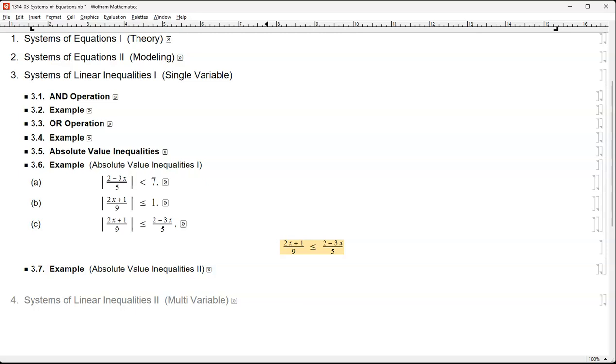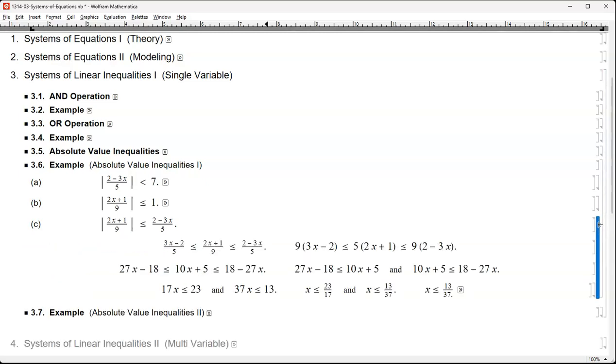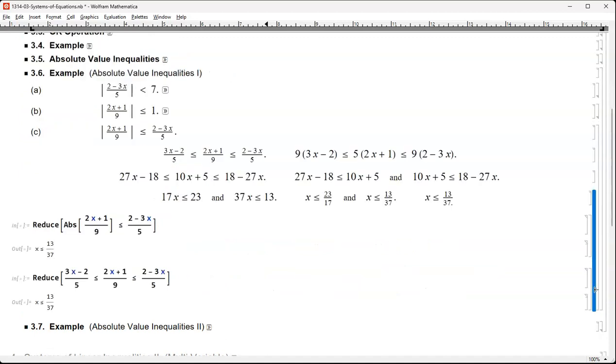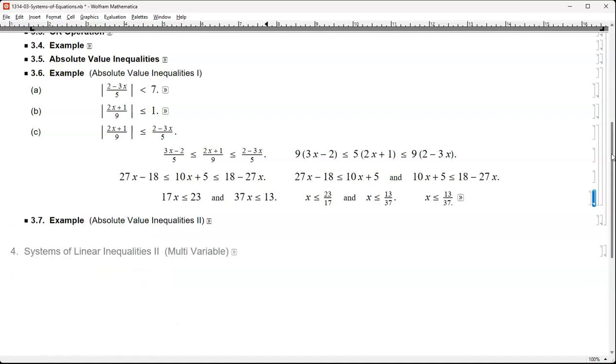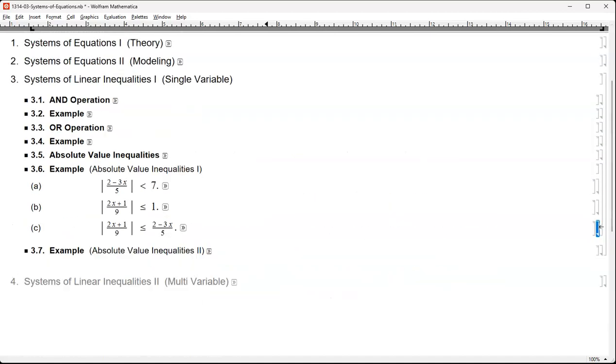OR operation. Is it OR operation? I'm not so sure either. How do I do this? Is it really an AND operation? Oh, it is an AND operation. Oh, come on. Way too hard.